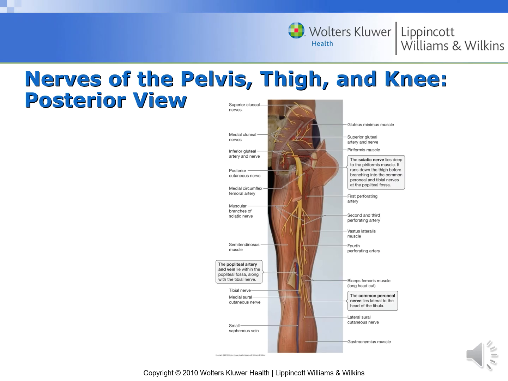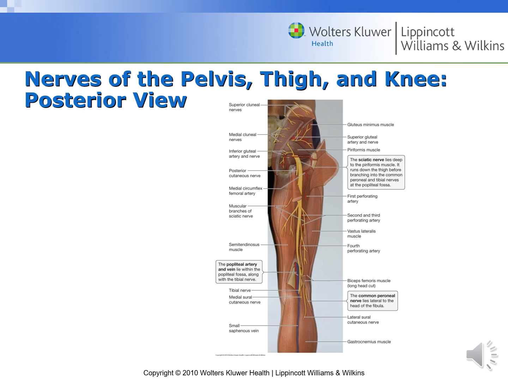On the right-hand side, beginning superiorly, we see the gluteus minimus muscle, the superior gluteal artery and nerve, the piriformis muscle, the sciatic nerve, which lies deep to the piriformis muscle, runs down the thigh before branching into the common peroneal and tibial nerves at the popliteal fossa.